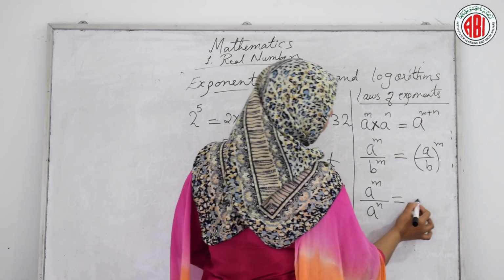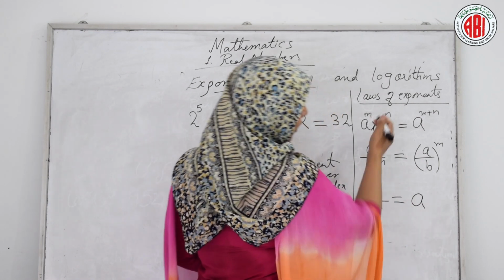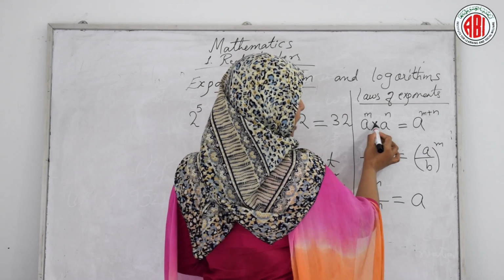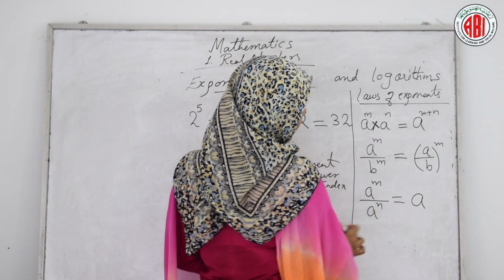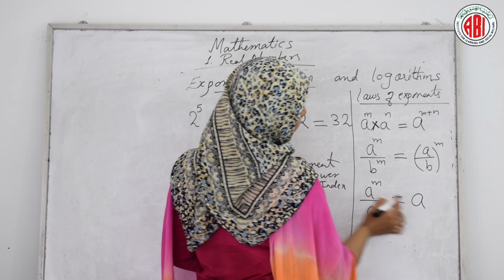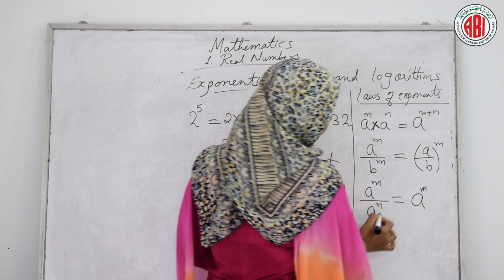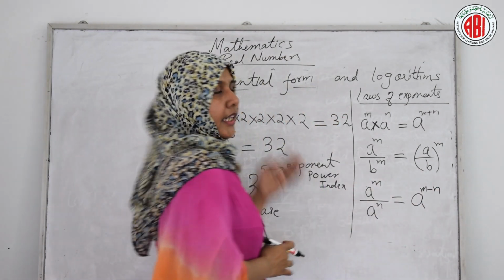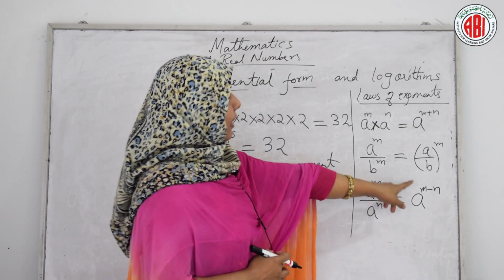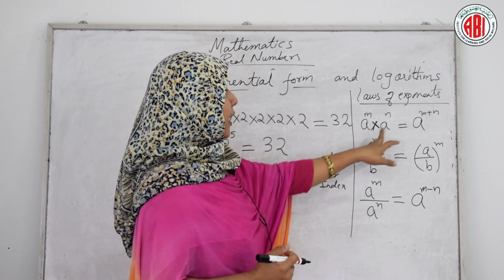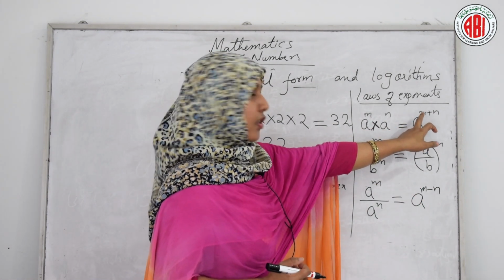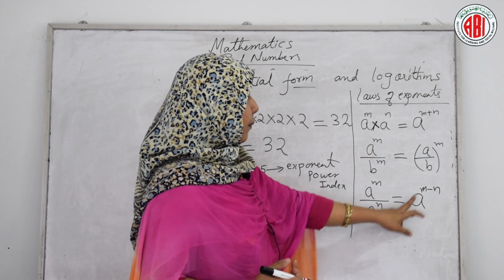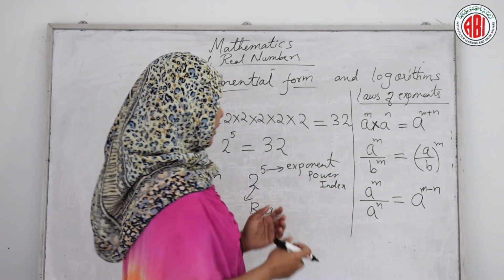In division it is a little bit the same, but in multiplication we add the exponents, while in division, if the bases are the same, we subtract them: a to the power m minus n. In multiplication we add the powers, m plus n; in division, a power m minus n.